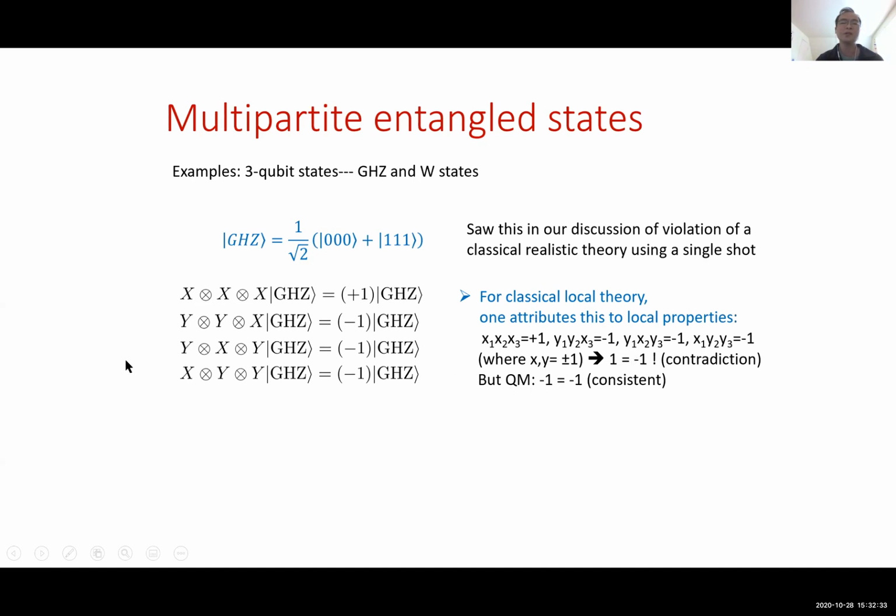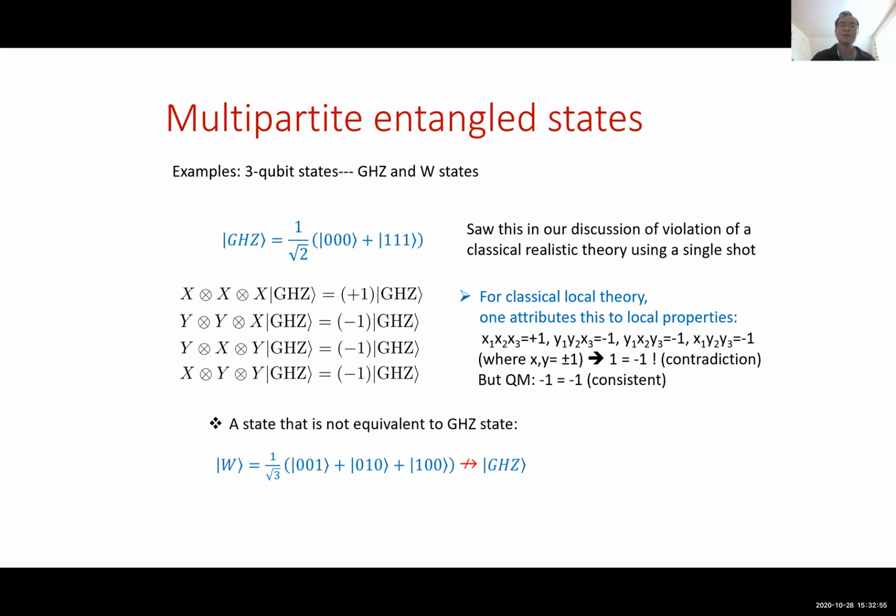But in quantum mechanics, there is no contradiction, okay? And this means that you have a sharp distinction in checking whether classical theory is correct or quantum theory is correct. And of course, in this case, there was an experiment that verified quantum mechanics.